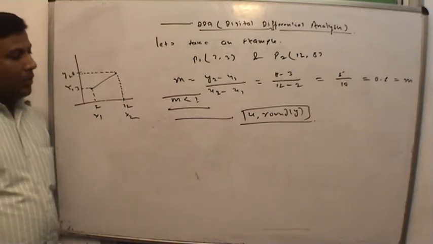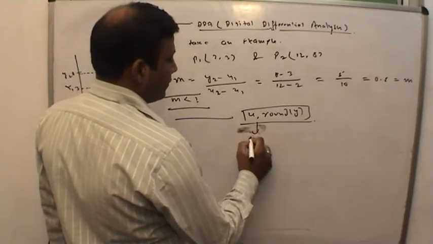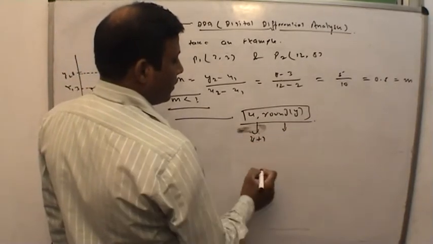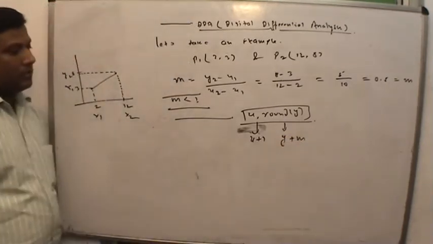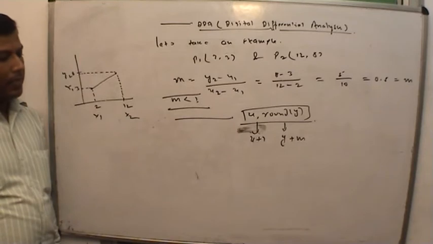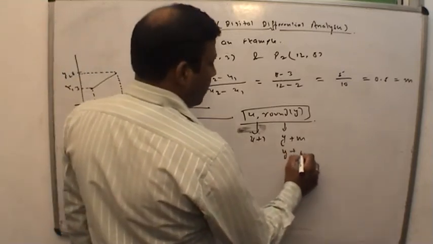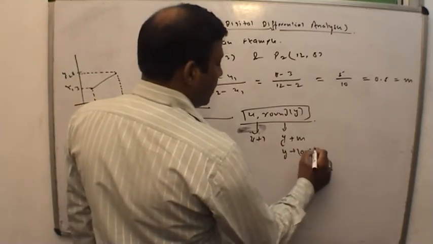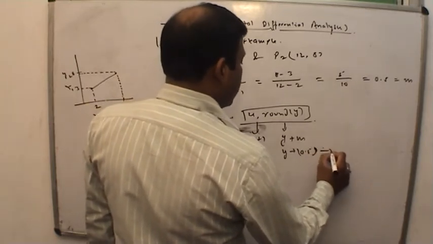The next point plotted is x plus 1 and y plus m. The value of m is 0.5, so y plus 0.5. That means when we round the value of y, we get the value of y as 1.